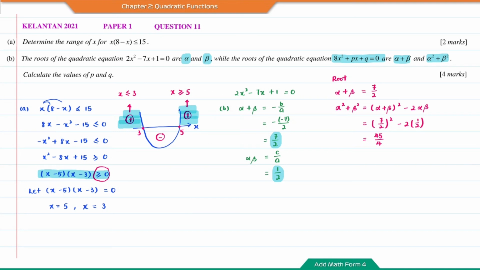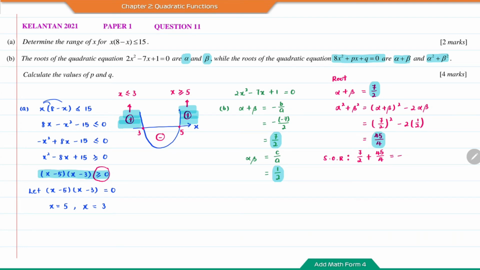So now, for the sum of roots of the quadratic equation 8x squared plus px plus q, we're just going to use these two numbers. The sum of roots is going to be 7 over 2 plus 45 over 4. This will equal the negative b over a.